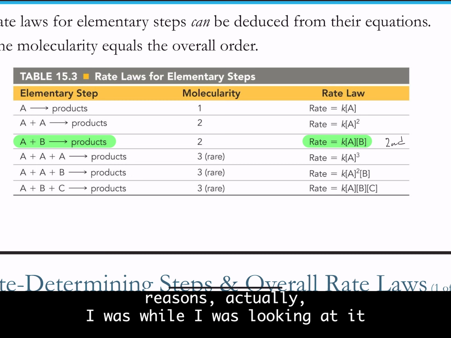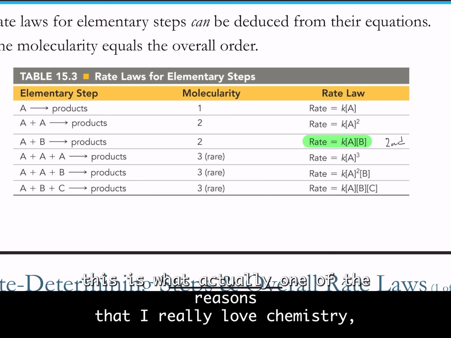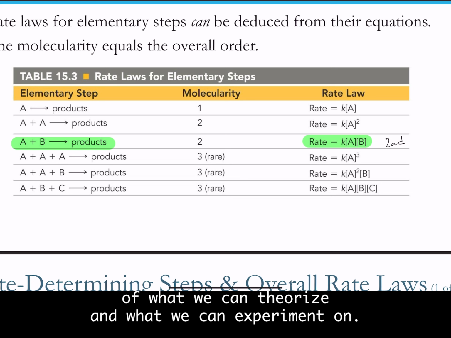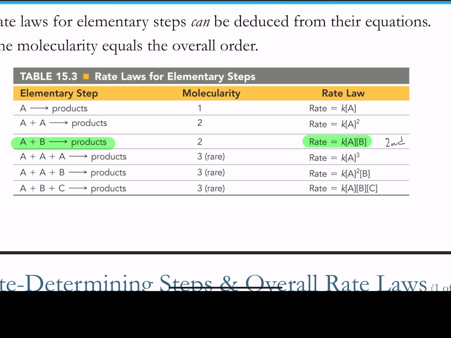I think this is one of the reasons, actually, while I was looking at it this morning, I was like, oh, this is one of the reasons that I really love chemistry, because it's right at the limit of what we can theorize and what we can experiment on.